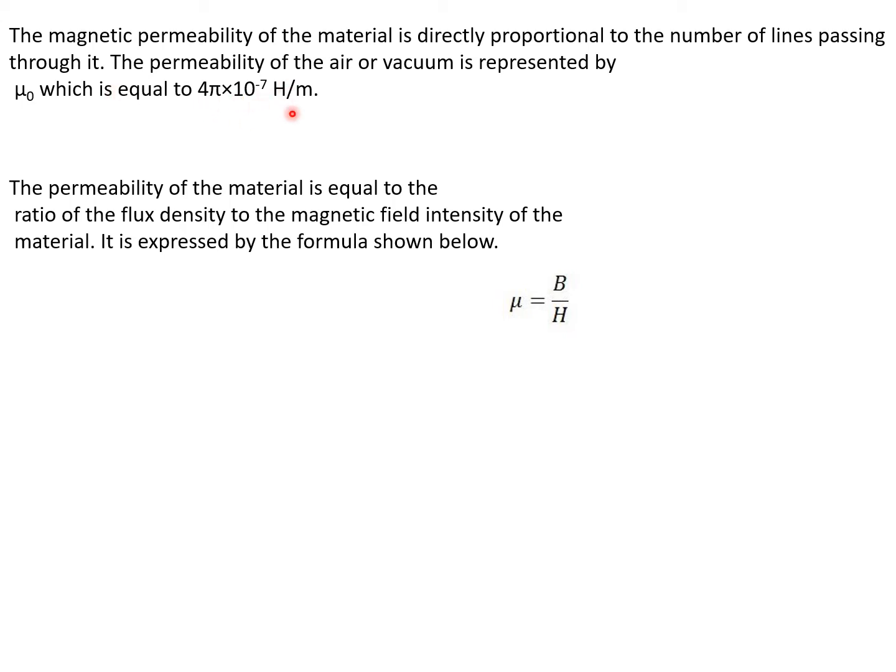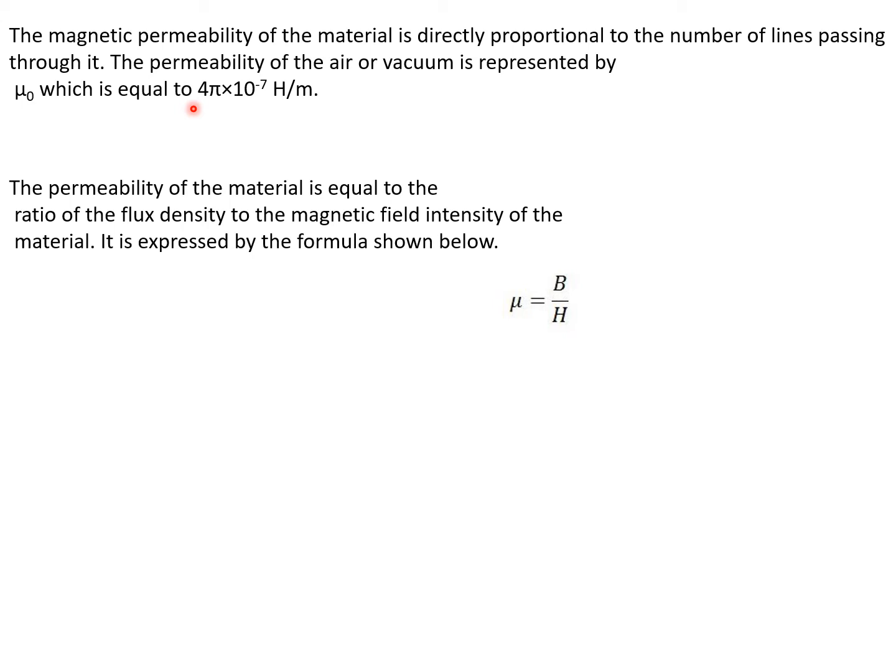The permeability of air or vacuum is equal to 4 pi into 10 raised to minus 7 Henry per meter. Every medium consists of a certain property which is known as permeability.